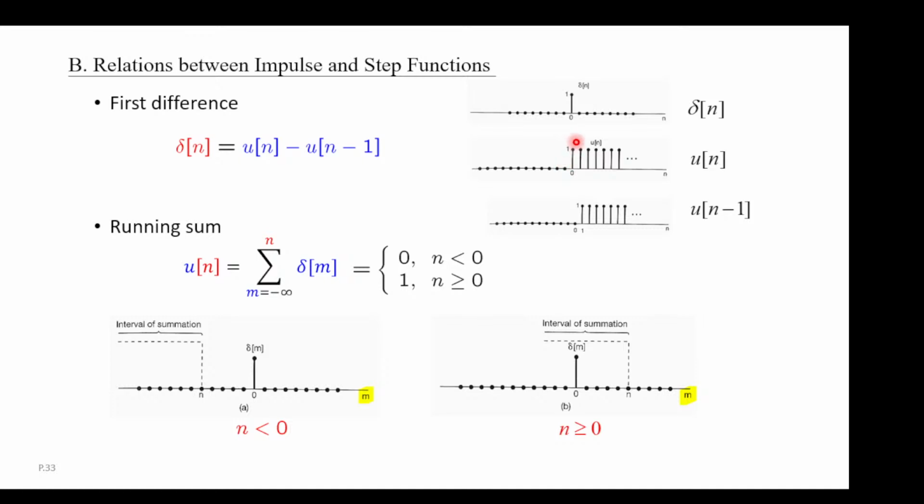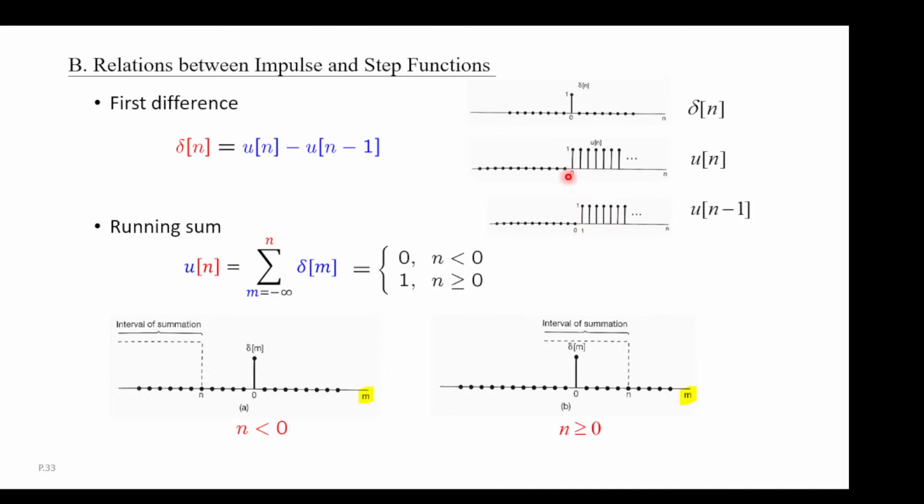If you take this unit step function u[n] and a shifted version u of n minus 1, so the u of n minus 1 has its step at 1, and you just take the difference, then you are left with the unit impulse function. Because for n less than 0, it's 0 minus 0 everywhere.